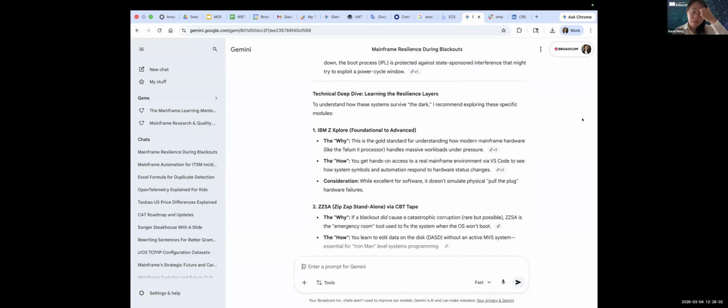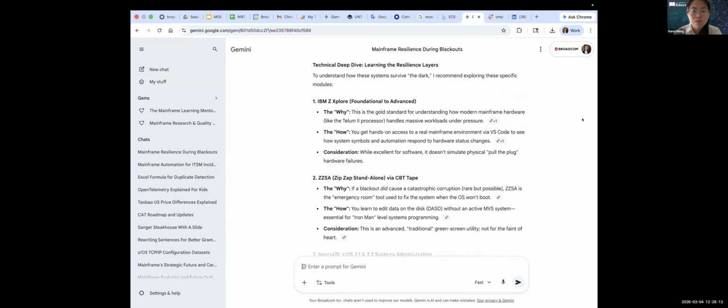And a technical deep dive. This question is being categorized as a more technical question instead of just a mentoring type. That's why it has the learning modules recommended. So IBM Z Xplore, foundational to advanced, because this is a very broad question. So it recommended foundational all the way to advanced.